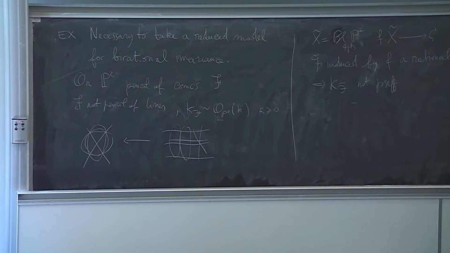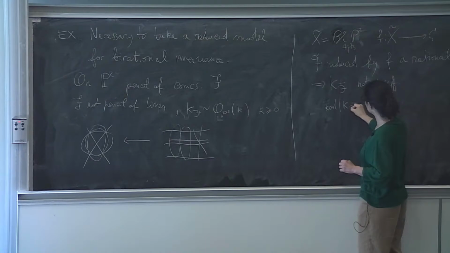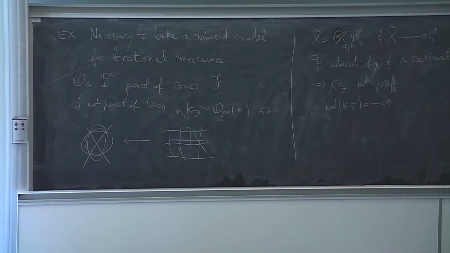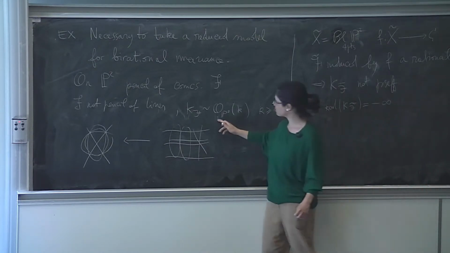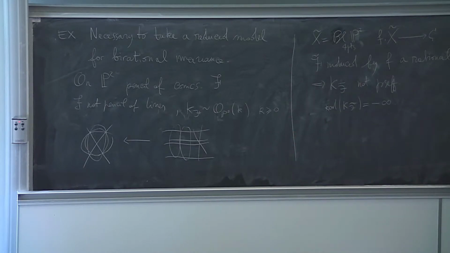We did the computation right after the statement of Miyaoka's theorem, and therefore the Kodaira dimension of Kf tilde is minus infinity, whereas this line bundle has positive Kodaira dimension. Okay.